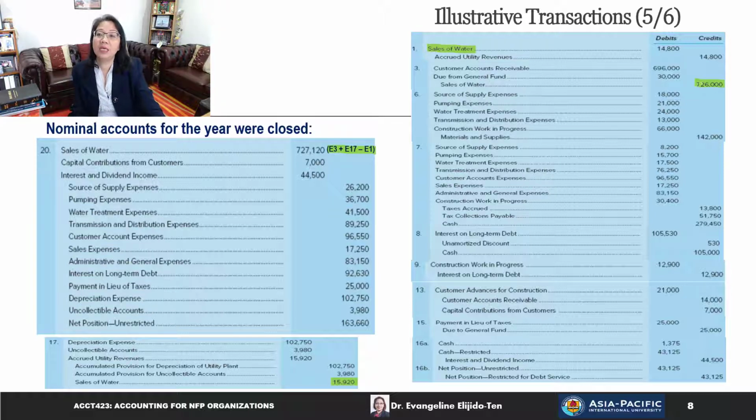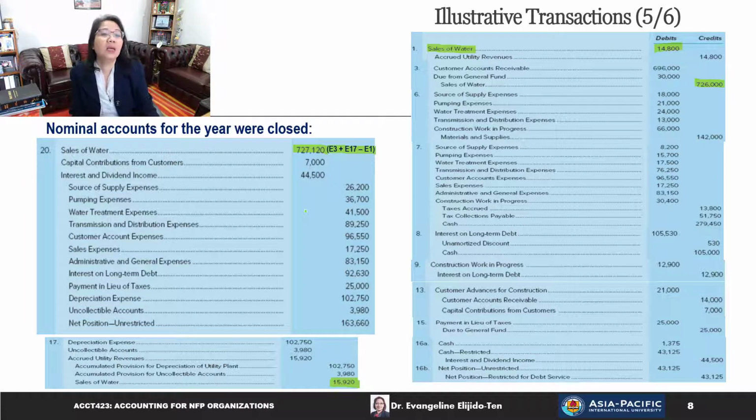The credits: 726,000 in entry 3 plus 15,920 in entry 17 minus the debit in entry 1 of 14,800 will give you 727,120. So sales of water has a credit balance of 727,120. So to close it, we'll debit it.